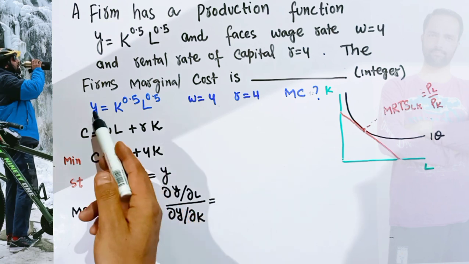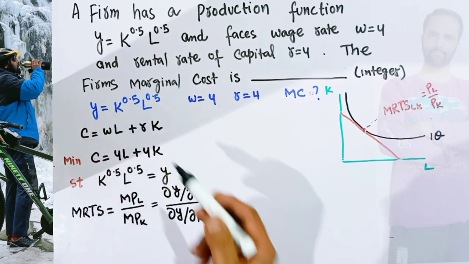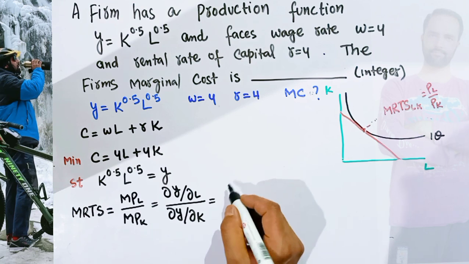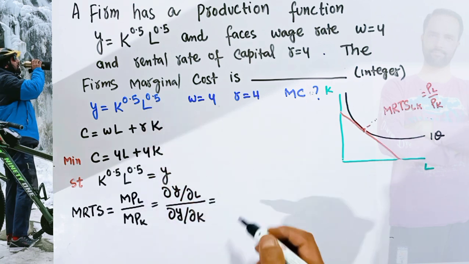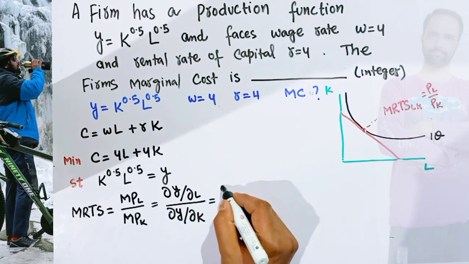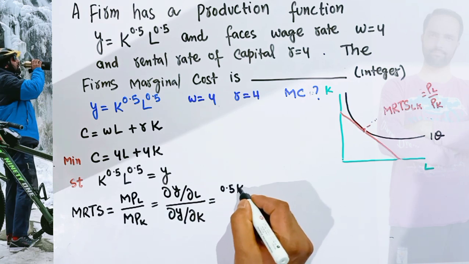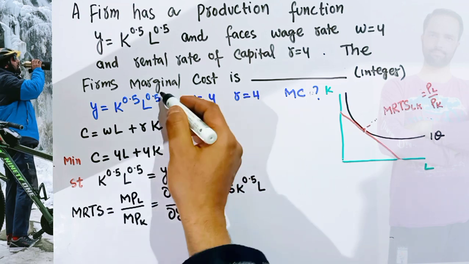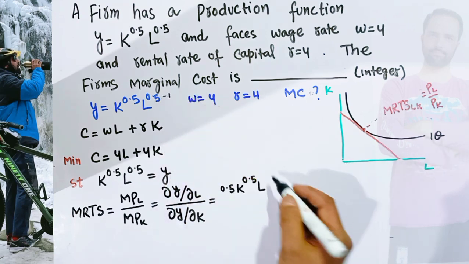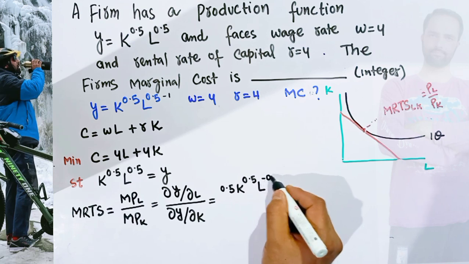Let's take the partial derivative of this function with respect to L. The derivative of L^0.5 is 0.5 as coefficient, we have K^0.5 and L to the power, the exponent is reduced by 1 by the power function rule, so we get minus 0.5.